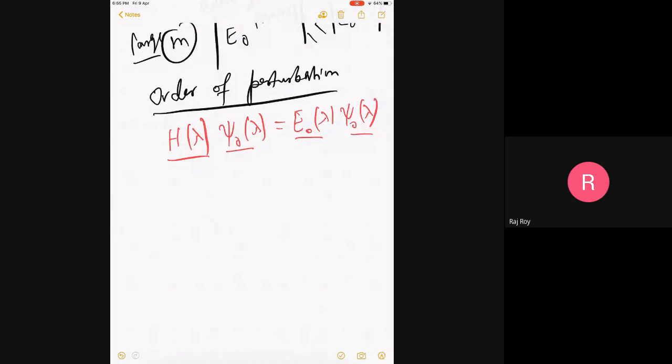I will write the first term as H naught plus lambda V. There is no power series here, only lambda, no lambda square, because this is by construction. Remember, this will now become psi 0 plus lambda. I have to write in terms of lambda because I now have a lambda dependent equation: lambda psi 0 1 plus lambda square psi 0 2, and I'm deliberately not writing more than this.